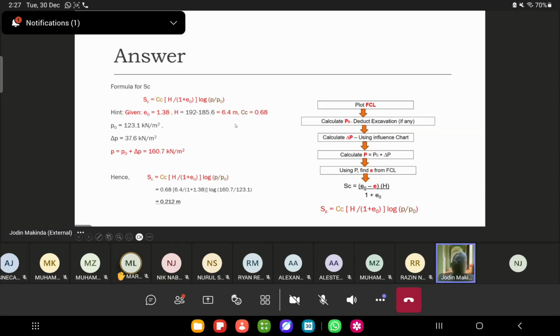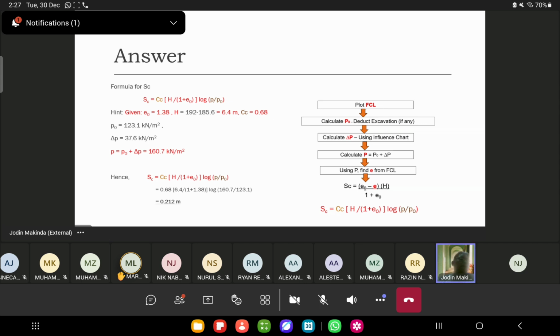Therefore, knowing the void ratio 1.38, knowing the thickness of the clay 6.4, and knowing the coefficient of compression, which is 0.68, we can calculate the total settlement using the alternative formula. So we insert all of the known parameters.